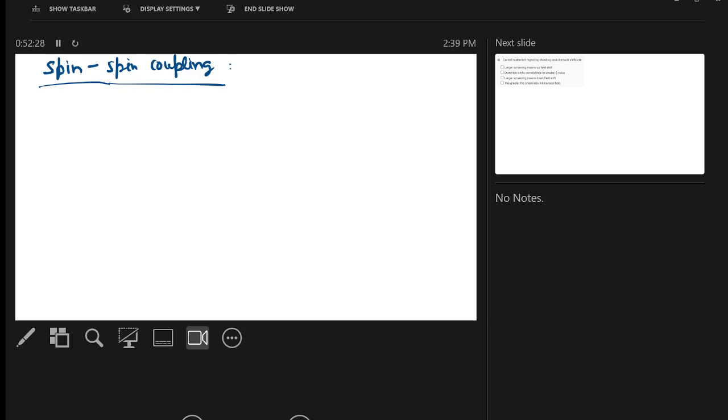And the third one is spin coupling. Before going to spin coupling, we will analyze again the CH3 NMR. There we saw two types of protons. This is proton 1 and these all are proton 2.